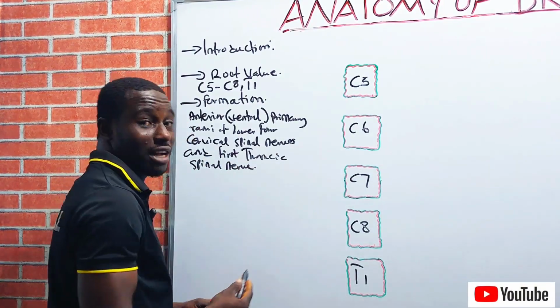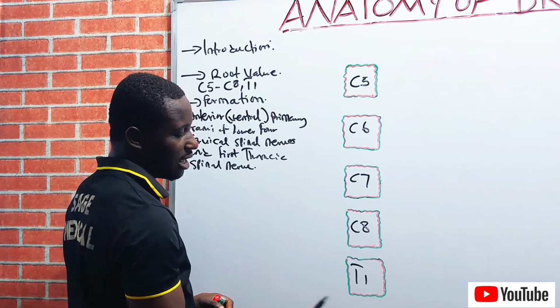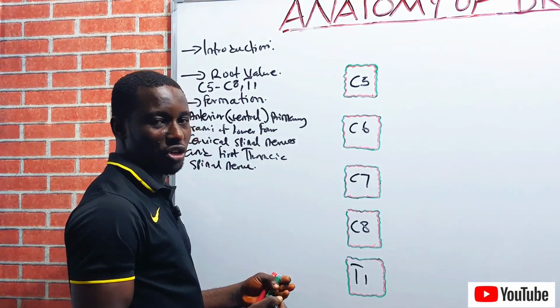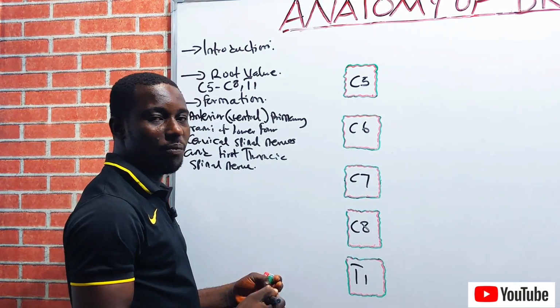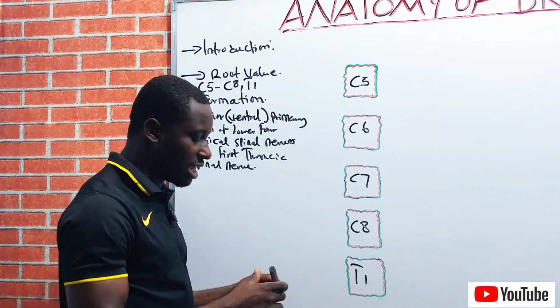So the lower 4 cervical spinal nerves are C5 to C8 and the first thoracic spinal nerve is T1. Now its associated contribution is the C4 and the T2 in respect to postfixed and prefixed brachial plexus.